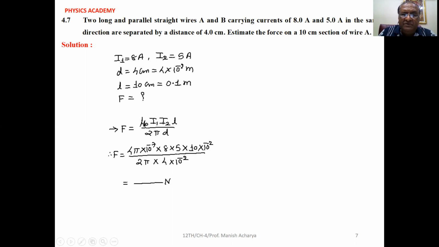So F is mu 0, which is 4 pi into 10 raised to minus 7, I1 is 8, I2 is 5, L is 10 into 10 raised to minus 2, upon 2 pi. Separation means distance between two wires, that is 4 centimeters, so that is 4 into 10 raised to minus 2. Now if we solve this one, we will get the force. Clear?